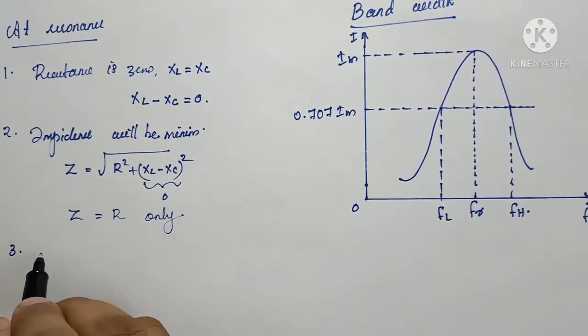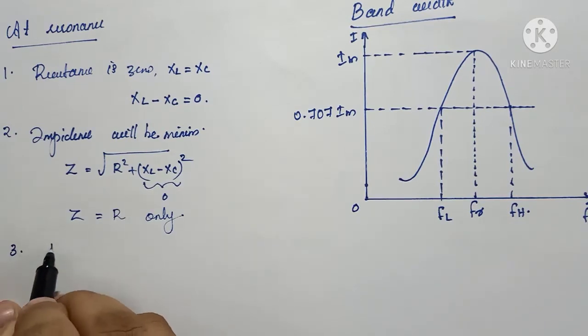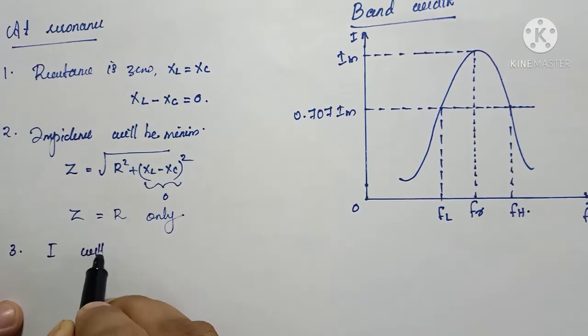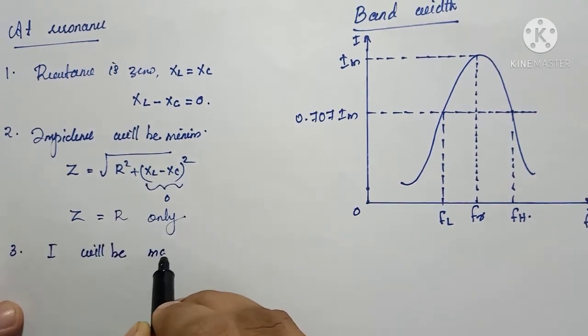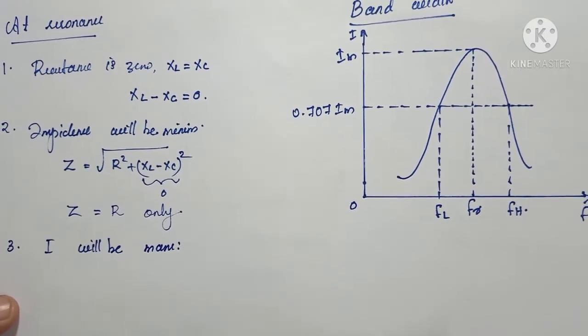What will be the third point? Current will be maximum, or the circuit will supply maximum current. Current will be maximum at this condition.